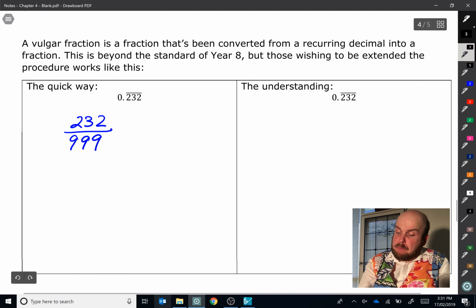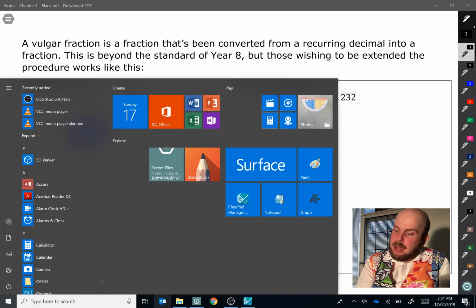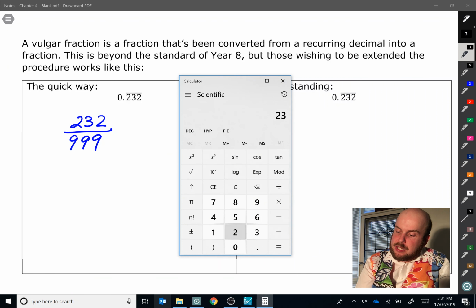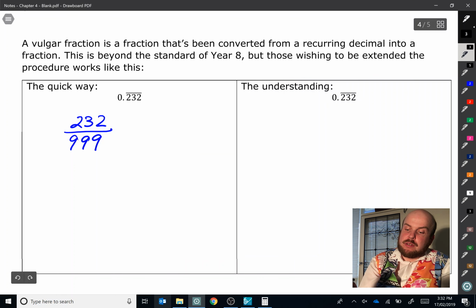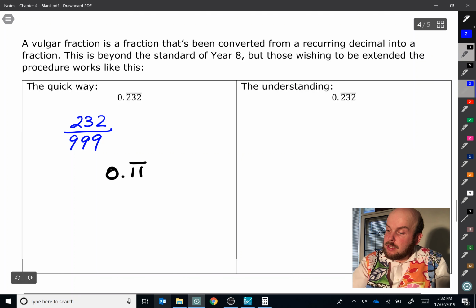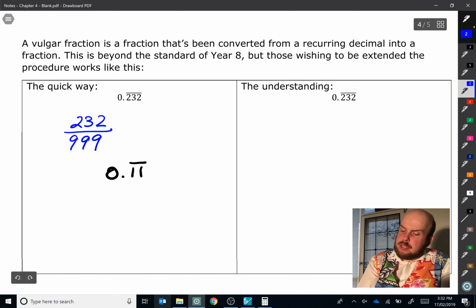And if you pop that into the calculator, 232 divided by 999, you'll see that it's going to get 232, 232, 232. As another example, let's say we had 0.11 all recurring, so this would be simplified to 11 over 99.